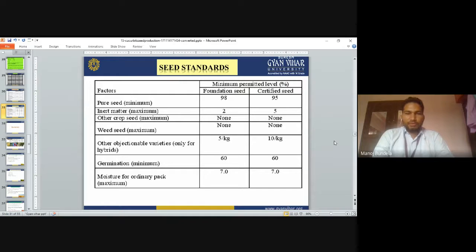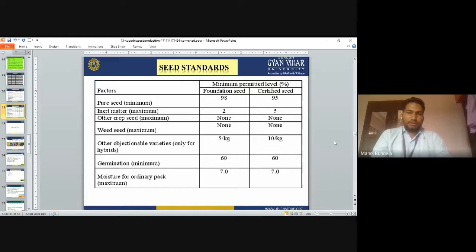In some hybrids the variety seeds are also mixed. Only 5 seeds per kg for foundation seeds and maximum 10 seeds per kg for certified seeds.